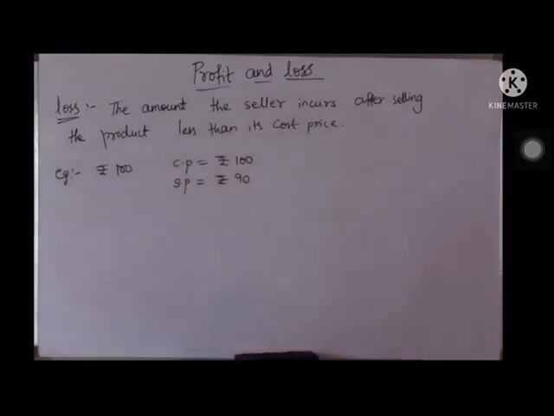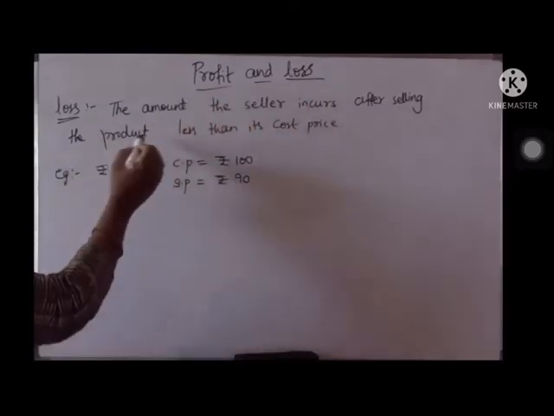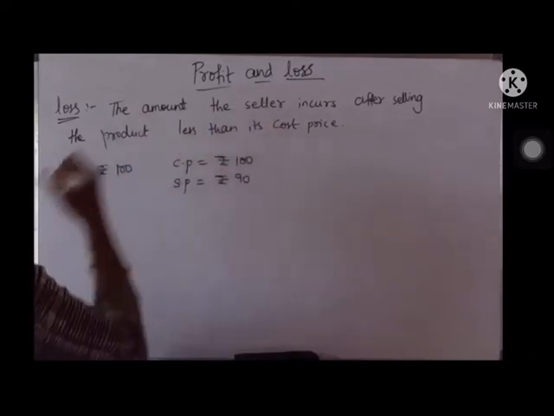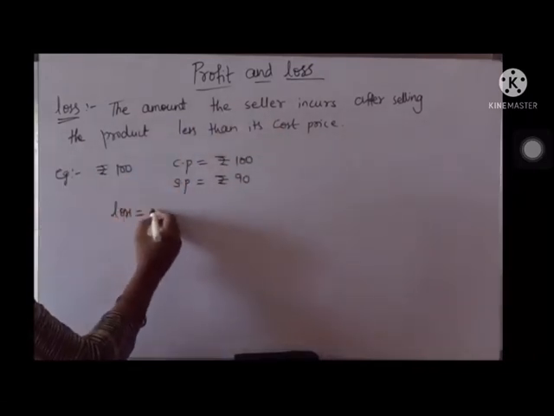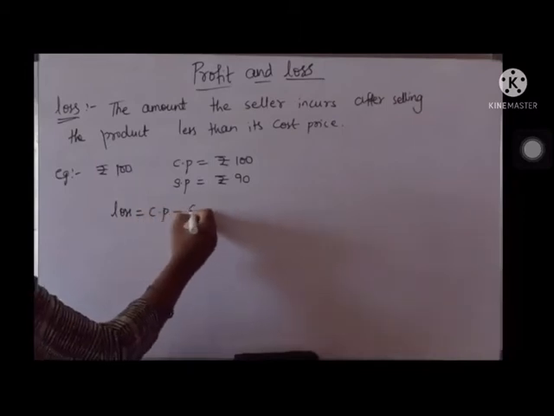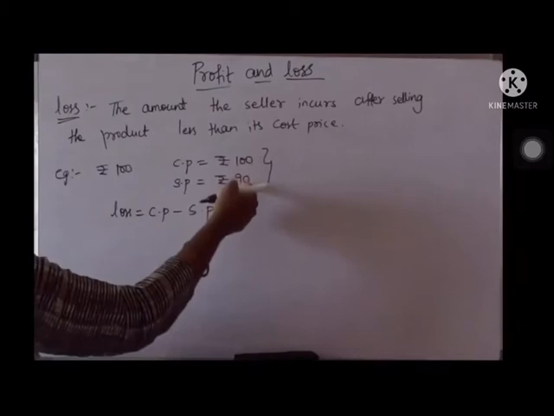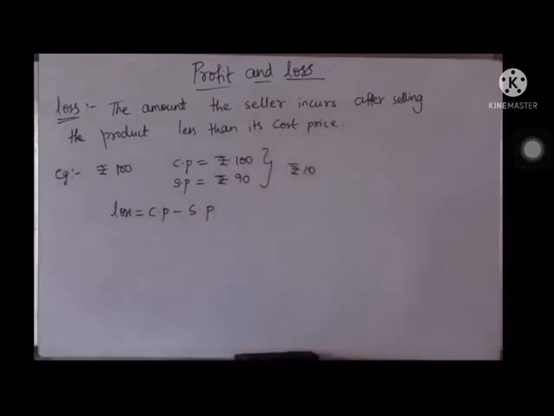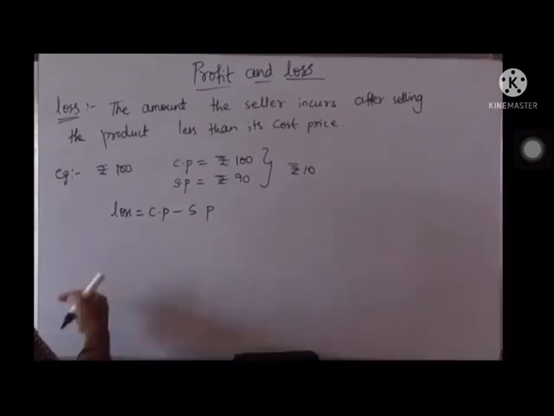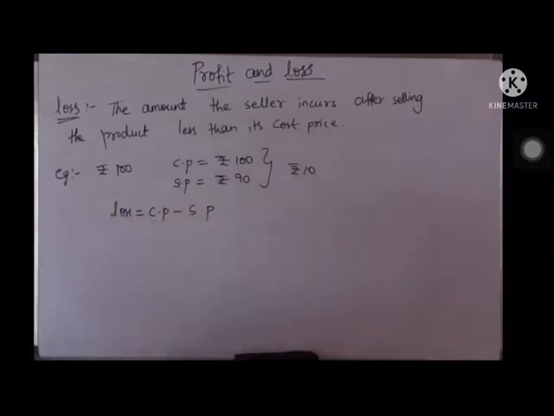The amount the seller incurs after selling the product for less than its cost price is nothing but the loss. Here loss is nothing but CP minus SP. So how much is the loss, children? 100 minus 90 is nothing but 10 rupees. Yes? So loss is nothing but CP minus SP, and based on this formula you can write two more formulas, making CP the subject and SP the subject.